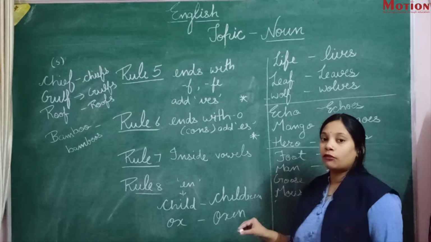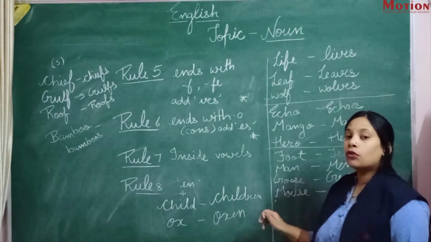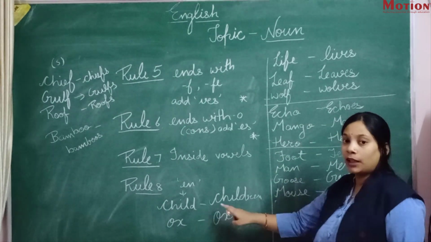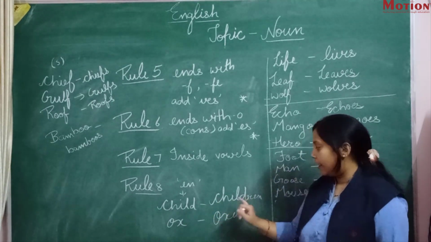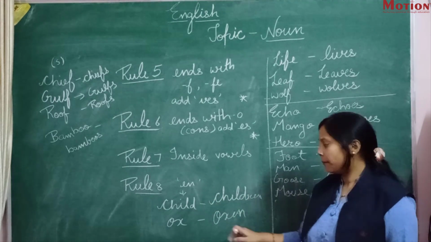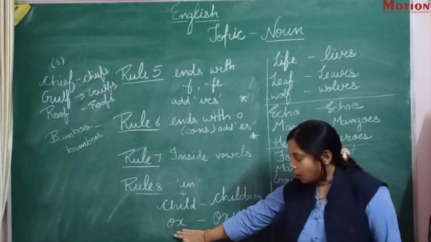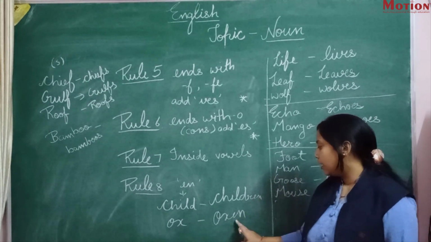Many students think that children is a singular word and they use s after children. They make childrens. That is totally wrong. Child is singular and the plural of child is children. Like ox, and the plural form of ox is oxen. We just have to add en.